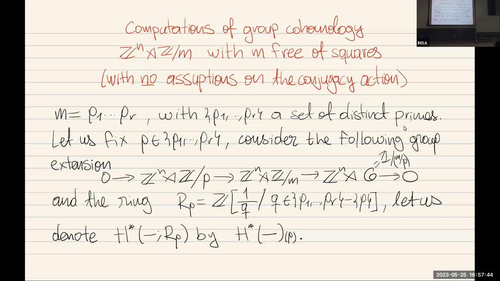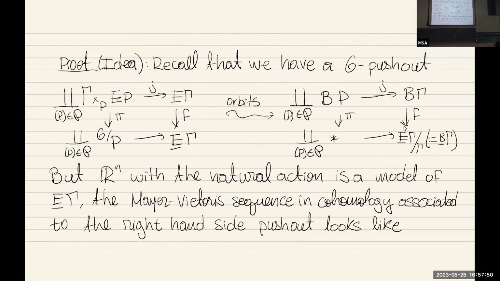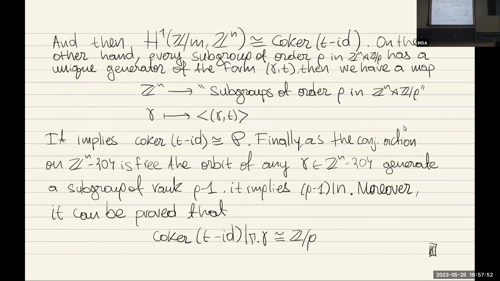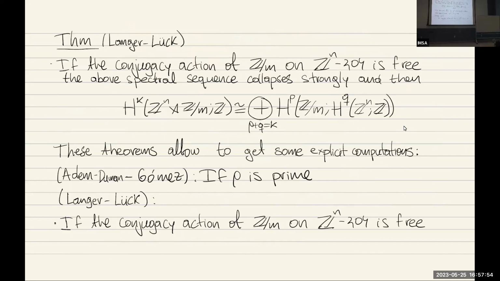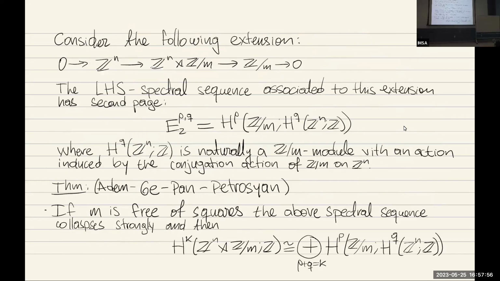Here I have to say that the first idea to compute the group cohomology of these groups is to try to use this result. We know that the group cohomology is isomorphic to this direct sum. Then you try to compute this explicitly, but it is very difficult.